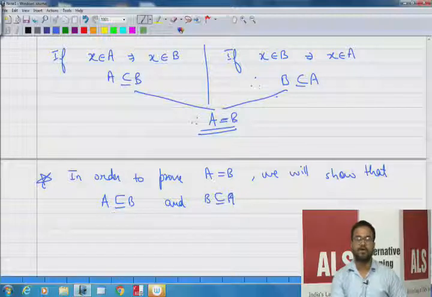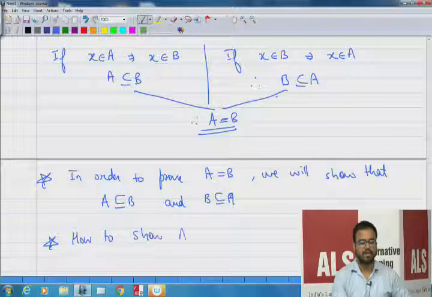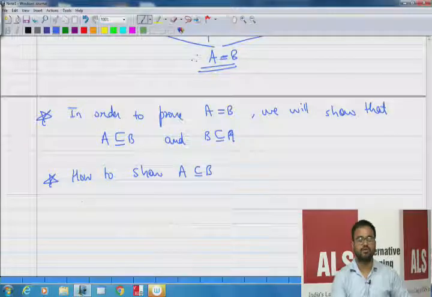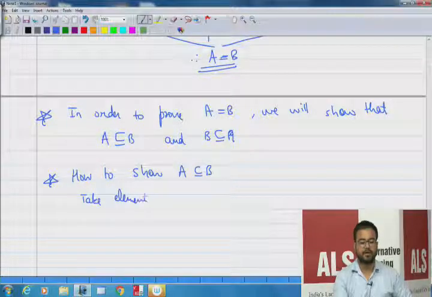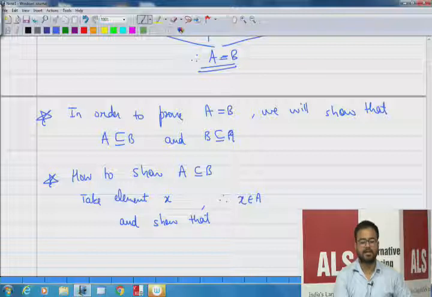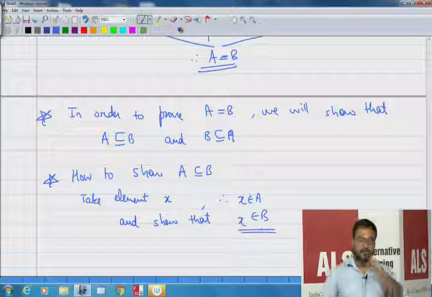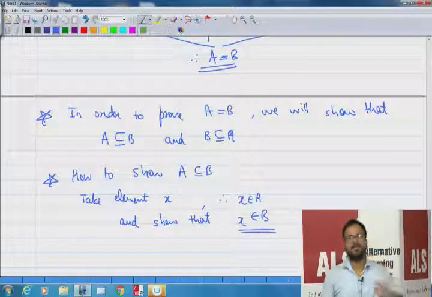And how can we show A is a subset of B? We will take an element X, therefore X belongs to A, and show that X also belongs to B. So this is the set algorithm.